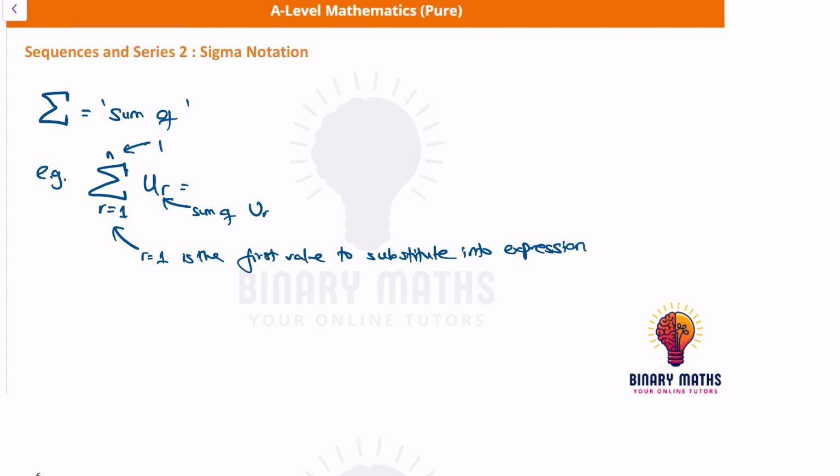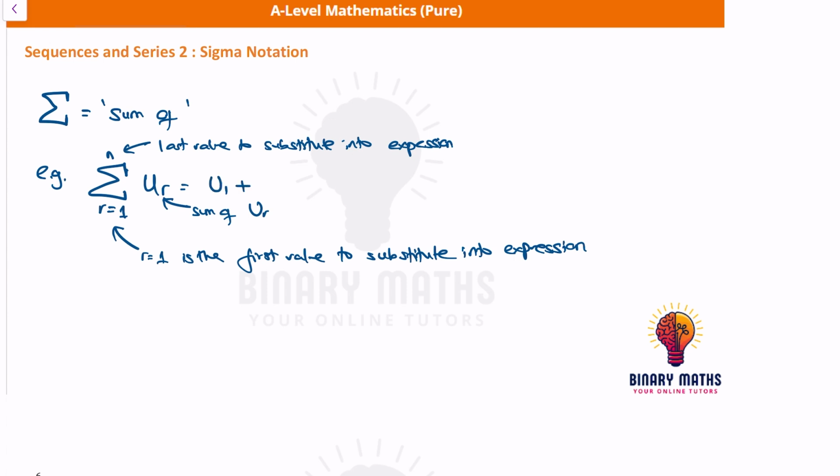And this is the last value to substitute into the expression. So if 1 is the first thing you substitute in here, so you replace r with 1, then you get u1.